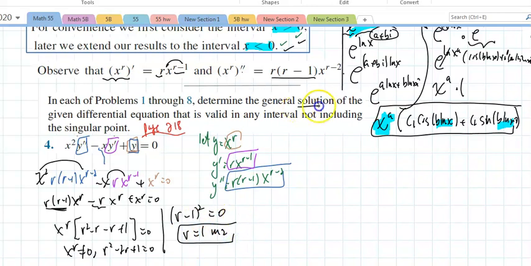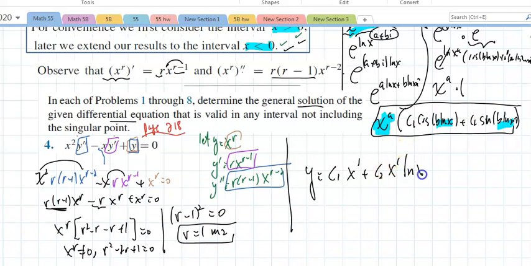So here, determine the general solution of the differential equation over the valid interval, and that's exactly what we're going to do. We're going to say y equals some c1 x to the 1 plus c sub 2 x to the 1, and in this case we multiply by natural log of x.